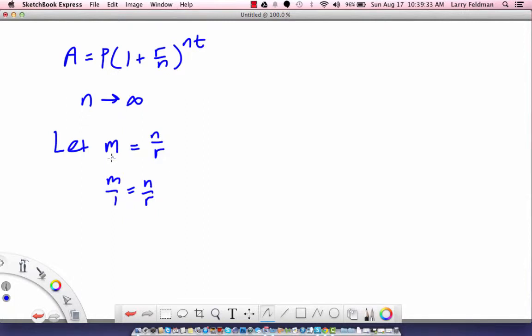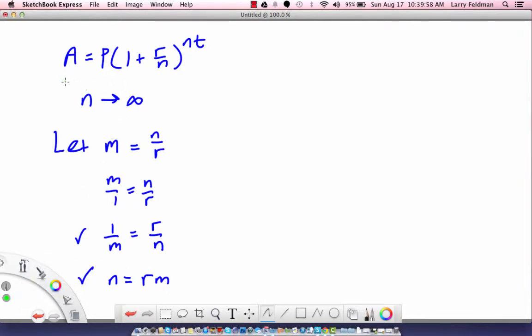All I did is I put 1 in the denominator here. And if we take the reciprocal of both sides, we get 1 over m equals r over n. Okay, we're going to need this equation. We're also going to cross multiply here, and we're going to get n equals rm. We're going to need this equation as well.